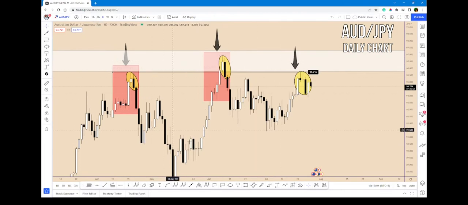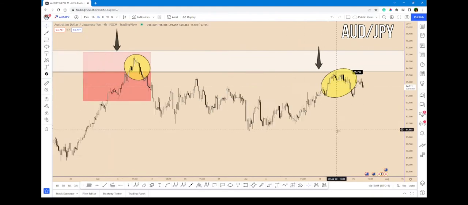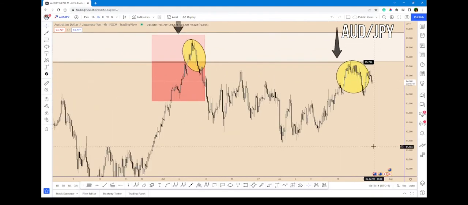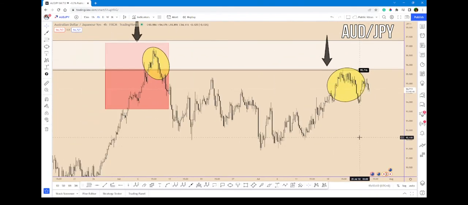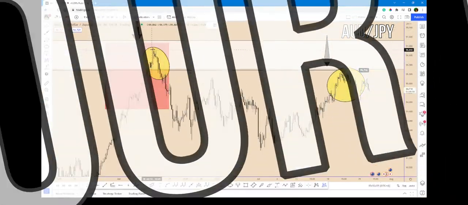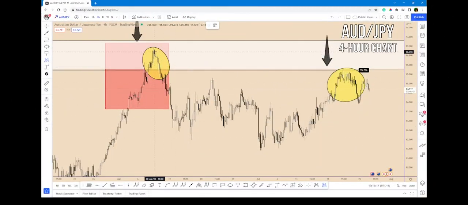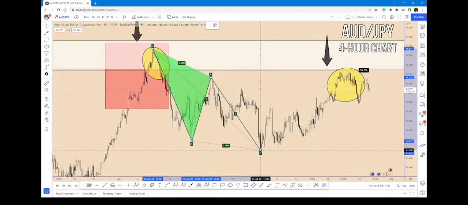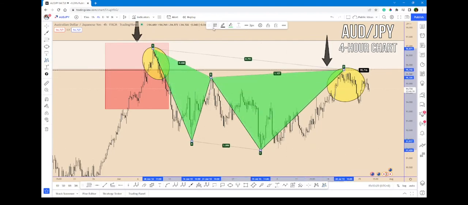After we do this candle analysis, I'm going to move to a lower time frame, and on the lower time frame we can see also a very nice bearish harmonic pattern. So this is a very nice movement here.